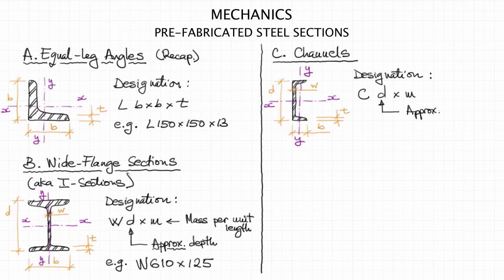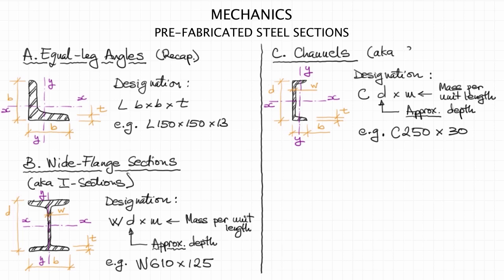So same as for the wide flange sections. So for example, a typical channel section would be called C250 by 30. And since channels in cross section look like letter C, they're also known as C sections.